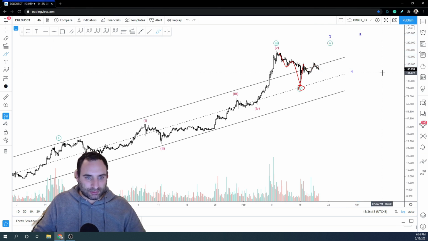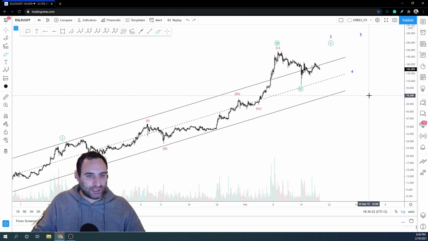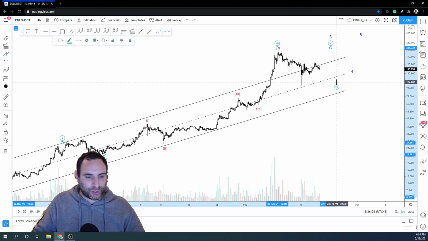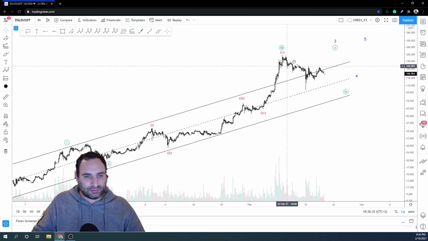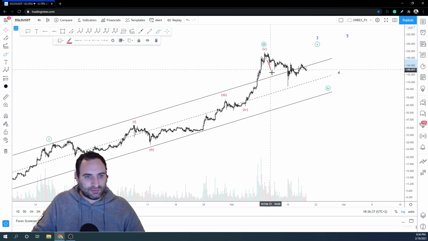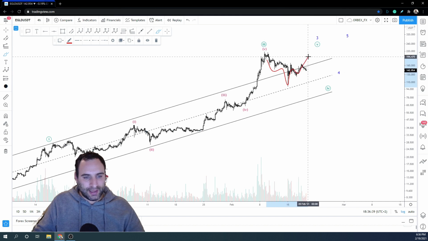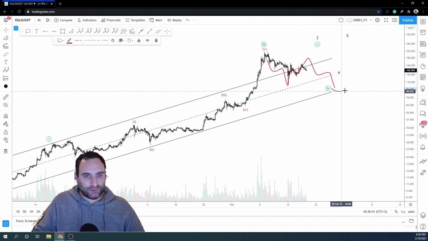The other scenario is a little bit different. We're looking at a potentially elongated correction, which means wave 4 is going to be lower. In that case, we could have something like a W, X, and Y for wave 4.